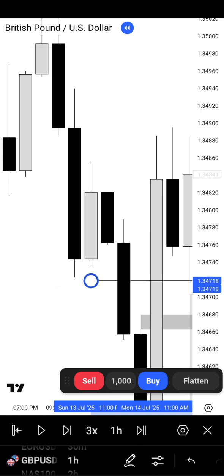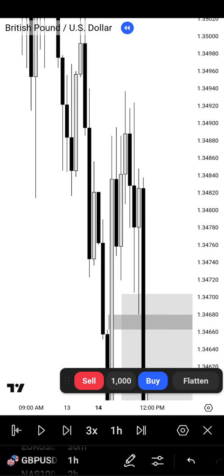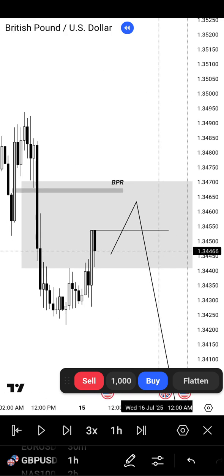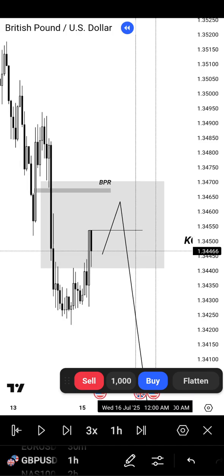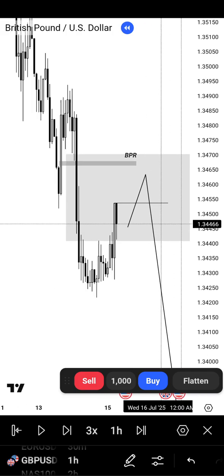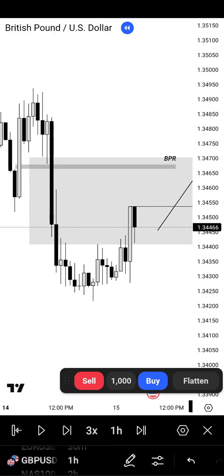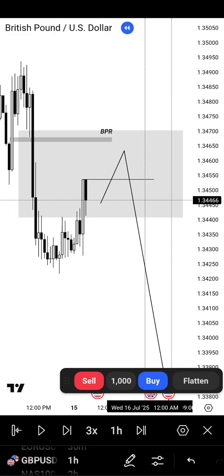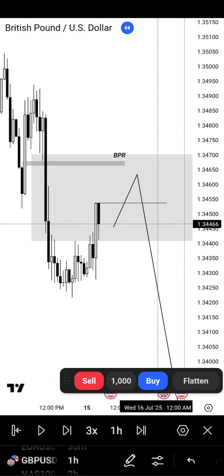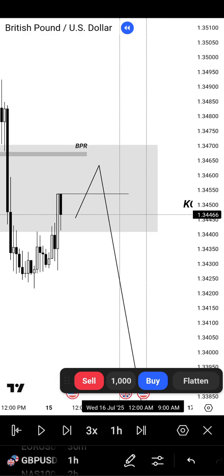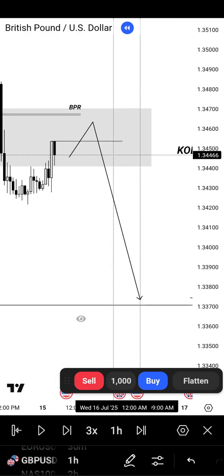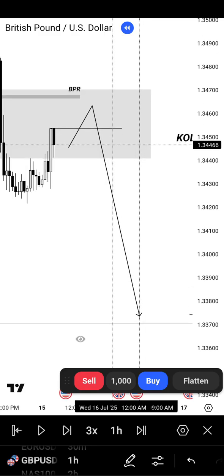This is simply fair value gaps crossing each other. So this BPR is where I was interested to sell, and my sell had to be above the open of the daily, which is 12 midnight. I was looking to sell above 12.